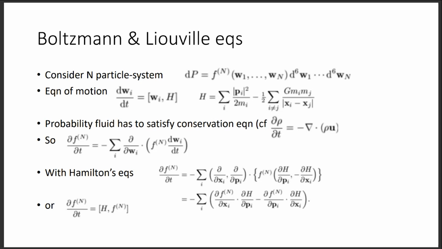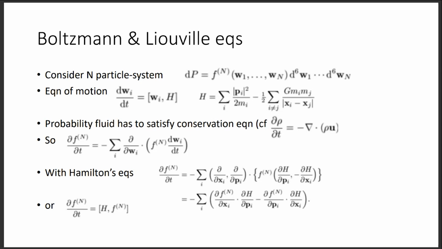And the equations of motion of the phase space coordinates are Hamilton's equations, where the Hamiltonian is the sum of the kinetic energies minus the gravitational interaction term. This is summed over all pairs. We're summing over all i except j, and then sticking in a half to deal with the double counting problem. But this term is the same if I swap i and j.